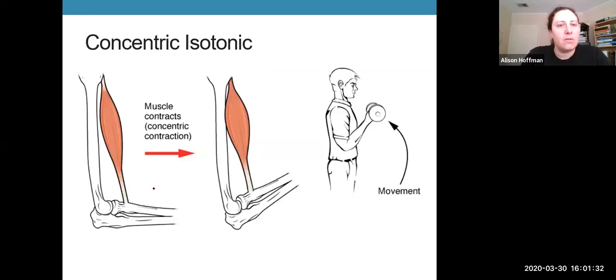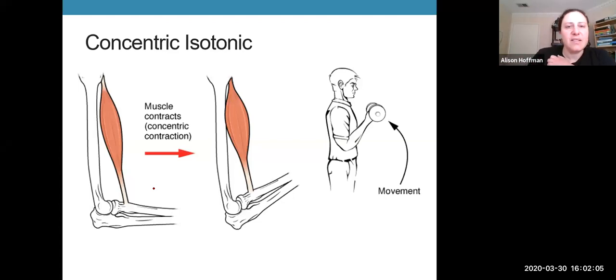So there's two kinds of isotonic contractions, because you can maintain the same tone while the muscle lengthens or while the muscle shortens. And I know that it sounds weird for it to lengthen, but we talked about how when we use a muscle as an antagonist, then we can be contracting it while letting it lengthen to better control the action that the agonist or the prime mover is doing, right?